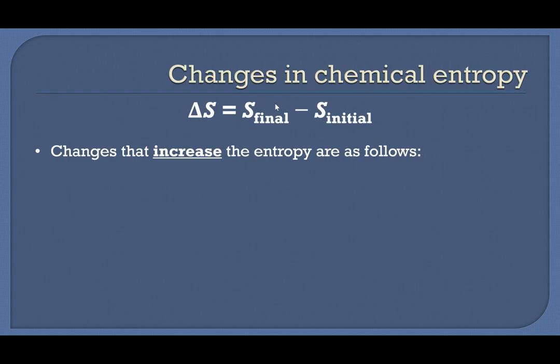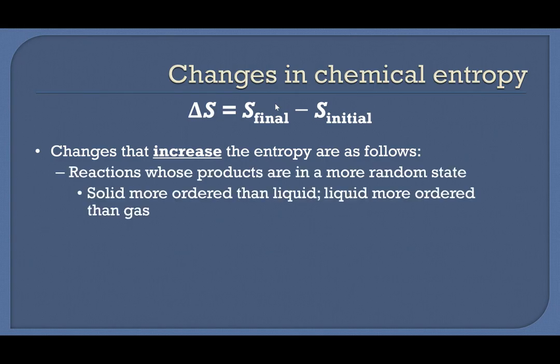Okay. So some things will increase the entropy. Remember, increase in entropy means it's getting messier. So what are some situations where from reactants to products we get messier or we disperse energy more? Reactions whose products are in a more random state.